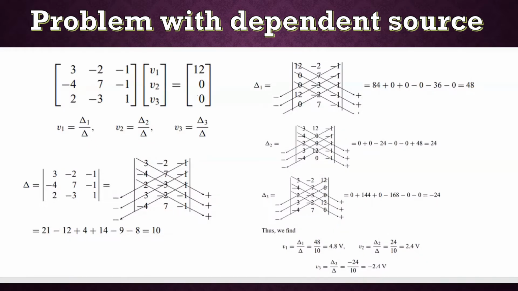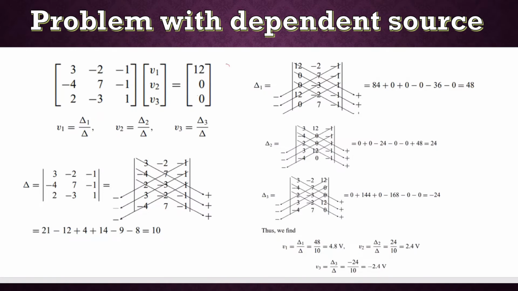Actually, you have to take this matrix to the other side so that it becomes an inverse. That means you have to find the inverse of the matrix and multiply with 12, 0, 0. Then you are going to get V1, V2, V3. Instead of that, I am going to give you one simple method. V1 is equal to del 1 by del, V2 is del 2 by del, V3 is del 3 by del.